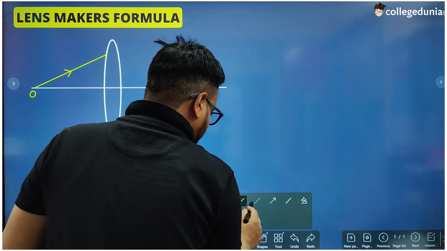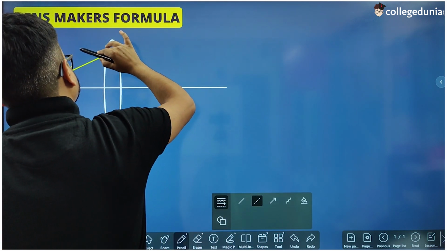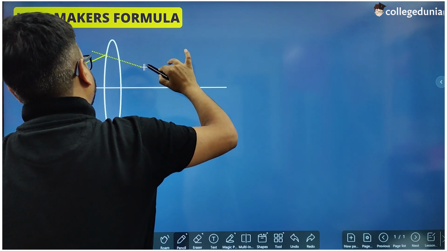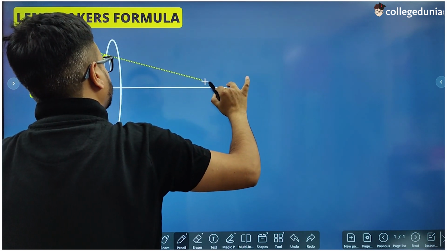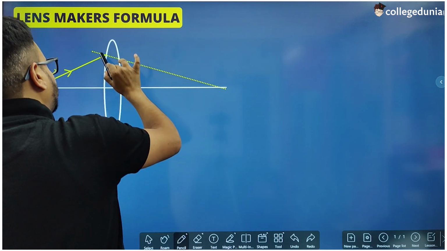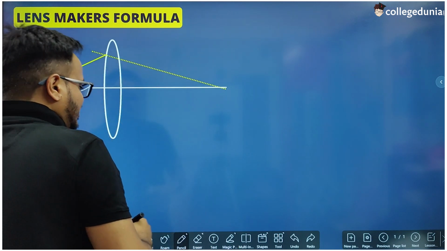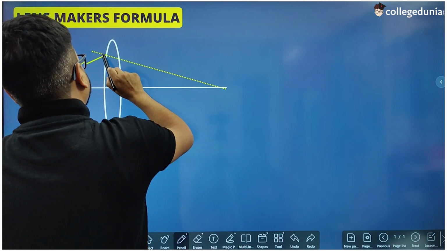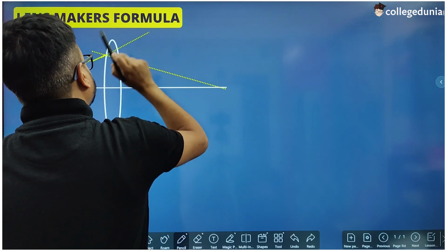So let's first mark a normal on this surface. Normal is a line which is perpendicular to the surface. So roughly this line is perpendicular to the surface, so we can take this line as normal, and the original path of this ray was this.